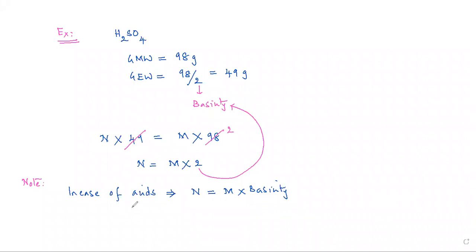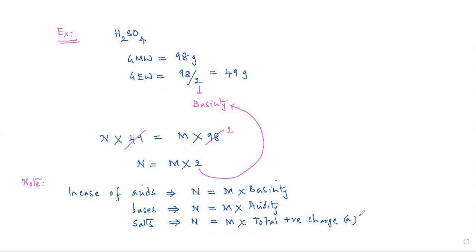And in case of bases, it can be given as normality is equal to molarity multiplied by acidity. We know what acidity is: the number of replaceable hydroxyl groups present in one molecule of the base. Say in case of salts, normality can be given as molarity multiplied by total positive charge or negative charge.